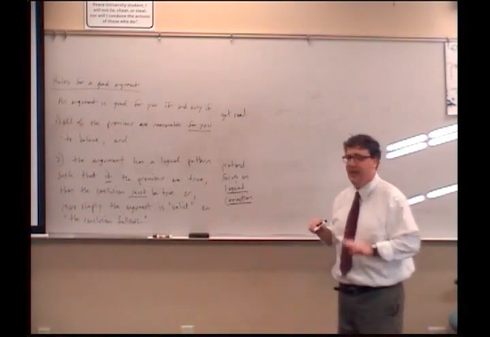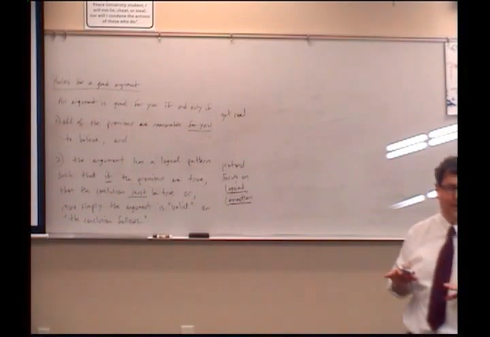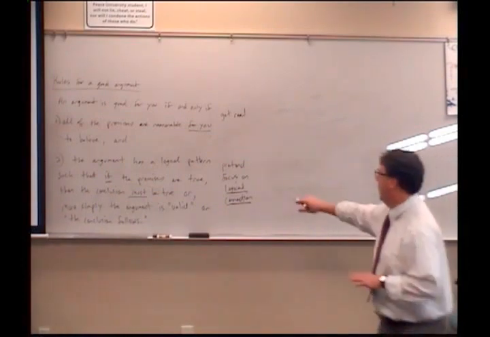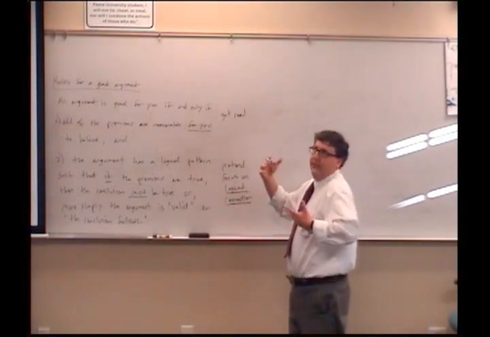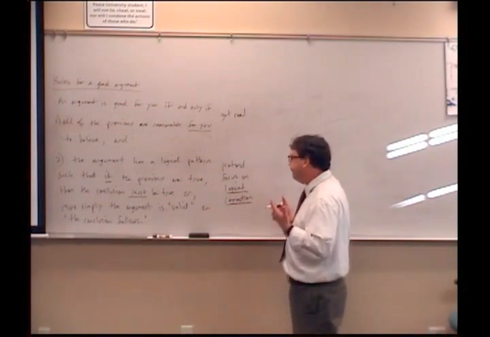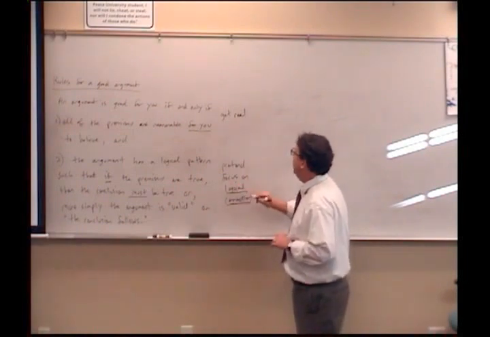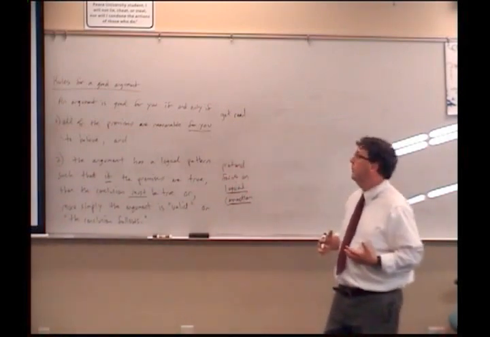When people say get real, they're basically saying, let's be realistic here. So here we're pretending that the premises are true, and we're asking a what if question. What if the premises were true? Would that mean the conclusion would have to be true? That's the question. Here we get real, and we ask, are the premises really true?